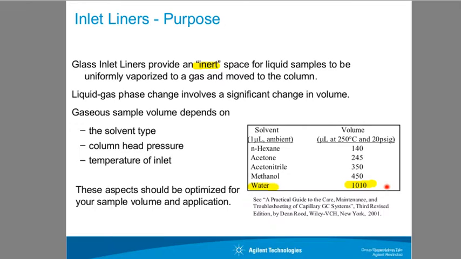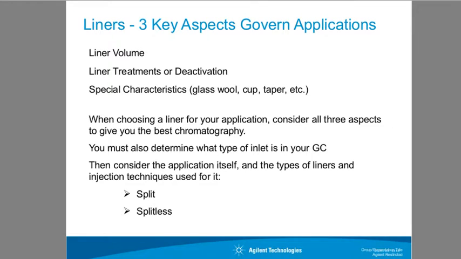And so if you're doing a water-based sample, we really have to be mindful of these conditions, the liner and everything else, so that we make sure that we don't have an issue. This exceeds every liner that we have. So this is what we would call backflash. And we're going to get a lot more into that in the next few slides, after we explain a little bit more about the liners.